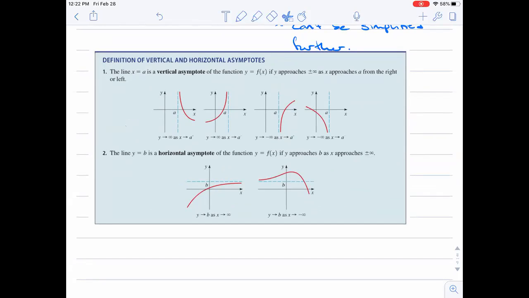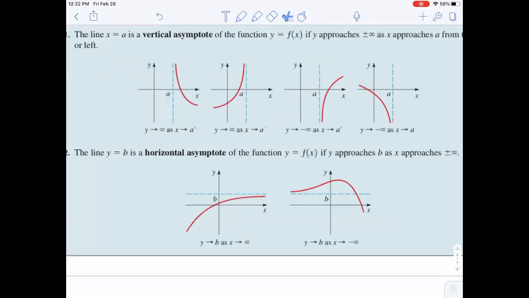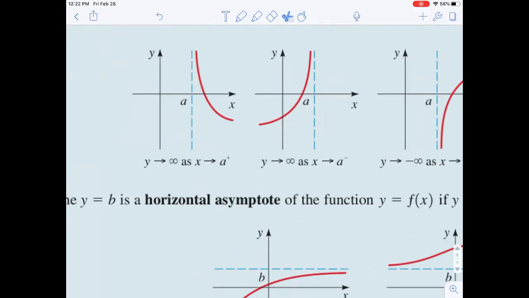Those look like these guys here in the top row. So here at x equals a, for example, we've got this kind of hole in our graph, but how it behaves is the function just takes off and never touches that point, because that would be dividing by 0 and it just can't be done. It could be approaching from the right or from the left, going up or going down. And so we use this arrow notation. In this case, these y values are going to positive infinity, because they're just going to keep going and going and going. So y goes to positive infinity as x goes to a.